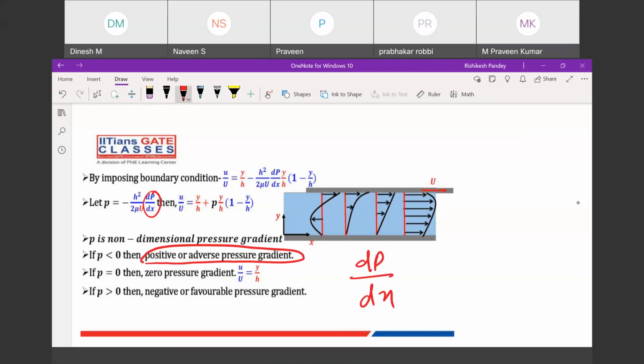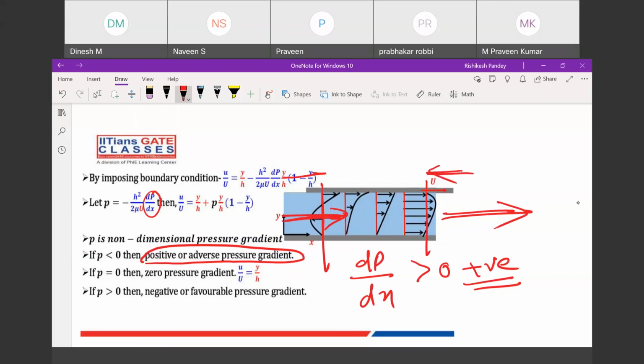So they can ask in Couette flow, if pressure gradient is greater than 0 or positive, we call this an adverse pressure gradient. Adverse means what? Which is opposite. The fluid is trying to move in this direction, but if I compare this location and this location, here pressure is more and here pressure is less.